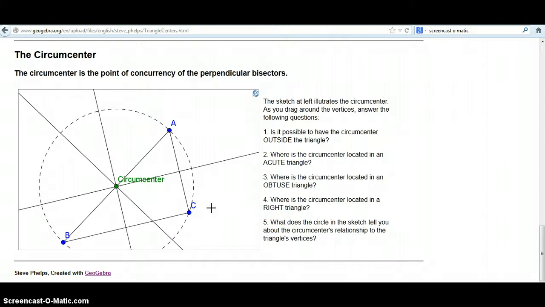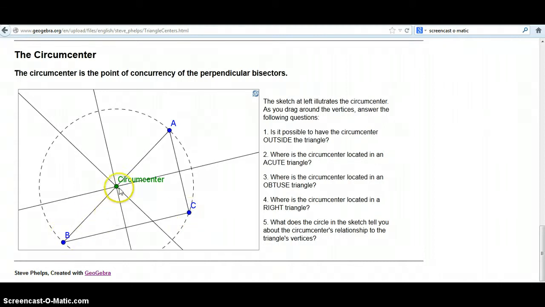What does the circle in the sketch tell you about the circumcenter's relationship to the triangle's vertices? Notice the circle is drawn around the circumcenter, so the circumcenter is the center of that circle. And notice that this circle goes through all the vertices in the triangle. Same thing that we did with the incenter, if I draw the radii from the circumcenter out to each of the vertices, they're all going to be congruent to each other.